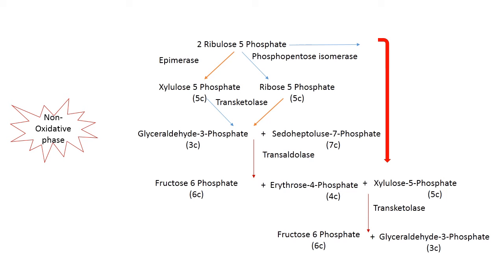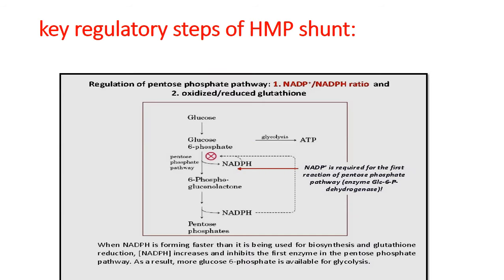The link of the video tutorial on glycolysis has been given in the description box or in the I button. You can find the link of this video tutorial. That's why we can see that many metabolites in the non-oxidative phase are indirectly linked to the glycolytic pathway. That's why HMP shunt is also the other name for the pentose phosphate pathway.